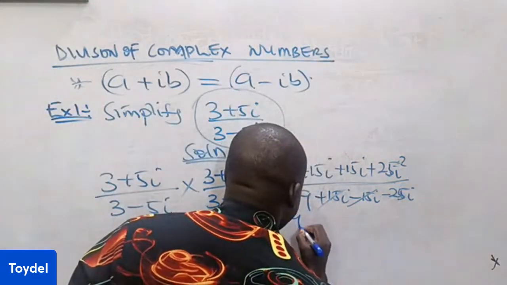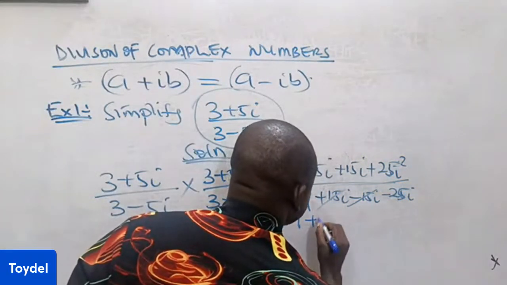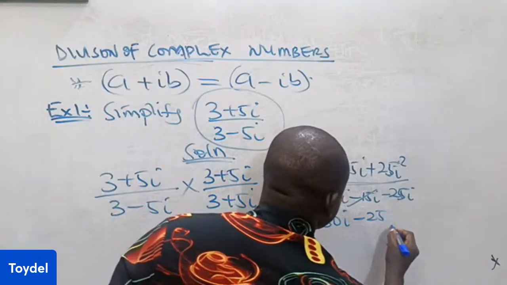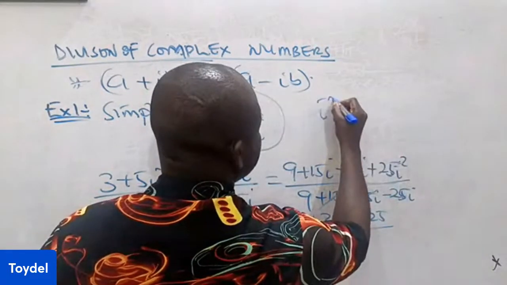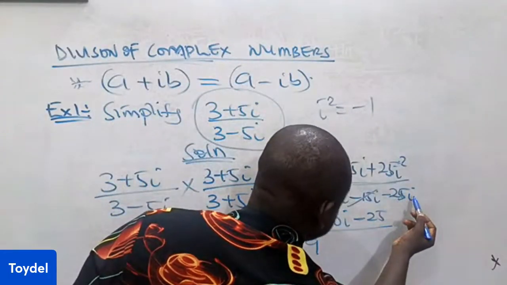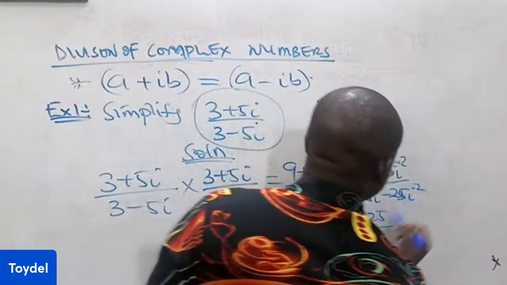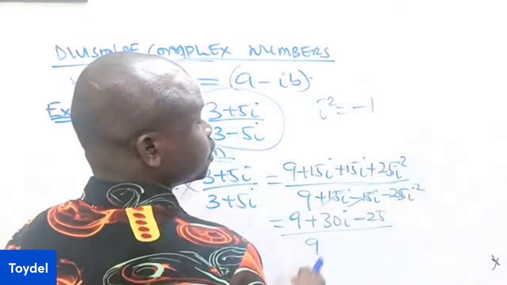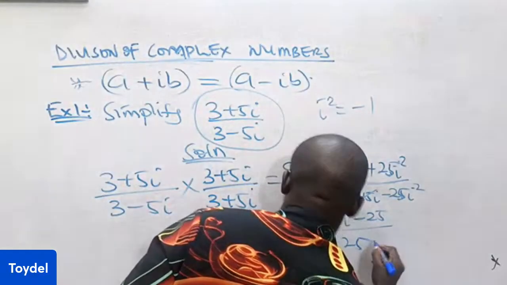So we are going to have 9 plus 30i minus 25, because i squared is equal to minus 1. Then at the denominator we have 9. Here also we have i squared, and i squared is equal to minus 1. Minus 1 times minus 25 will be plus 25.